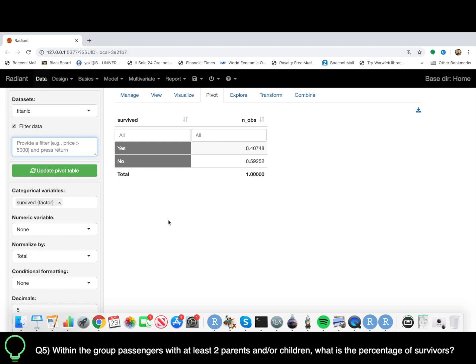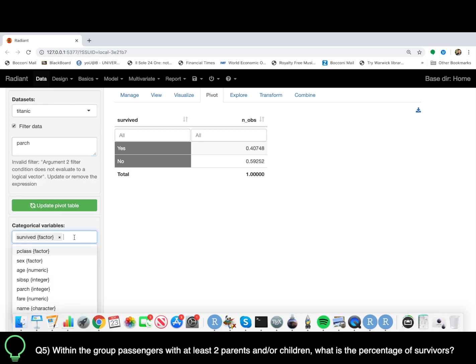In particular, the data set. We need to filter the data set so that the variable Parch, which is basically the number of parents or children, is at least 2.